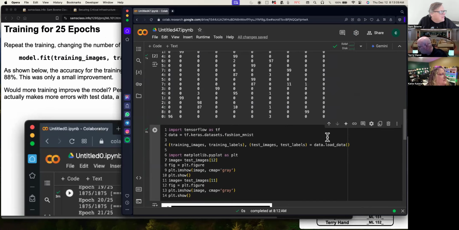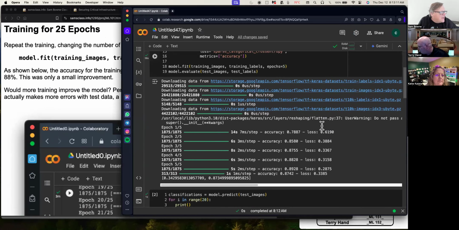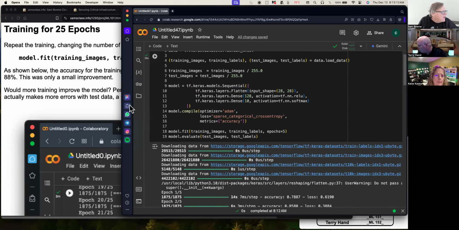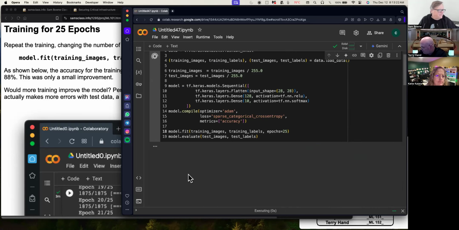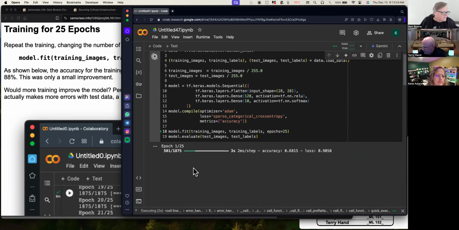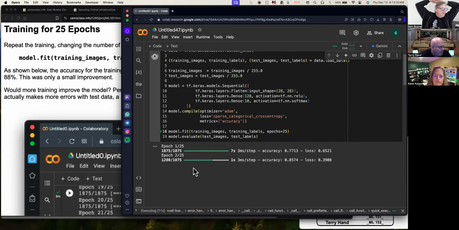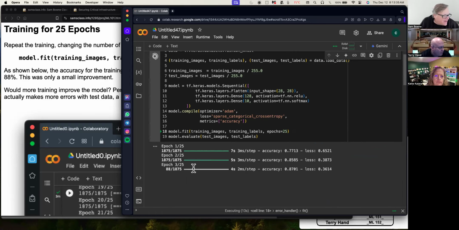So let me go back here where we trained it. And instead of training it for 10 epochs, we're going to do the model fit and train it for 25 epochs. Let's try that again. Each epoch is taking about 7 seconds, so about a minute to do 10.